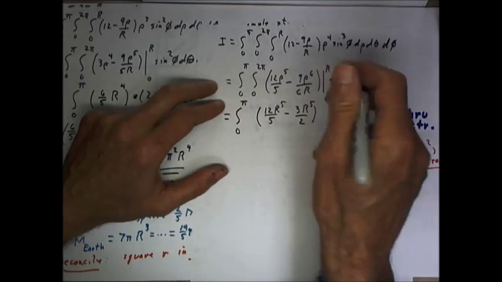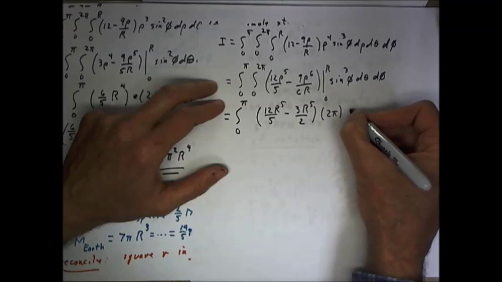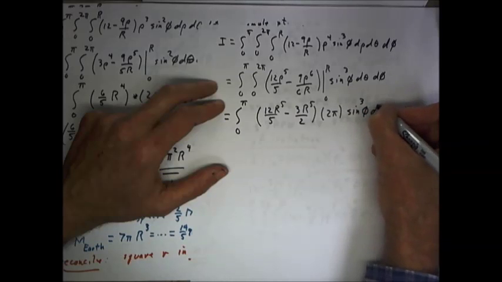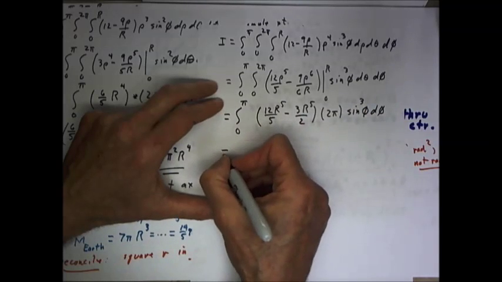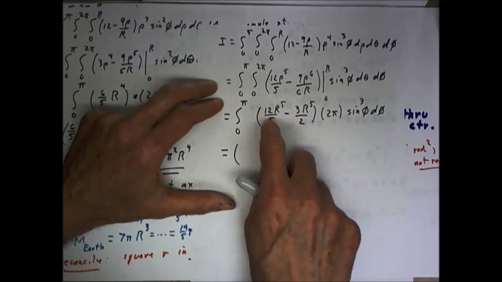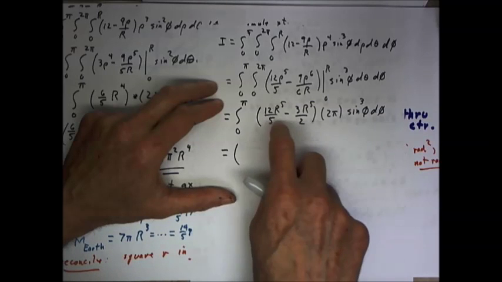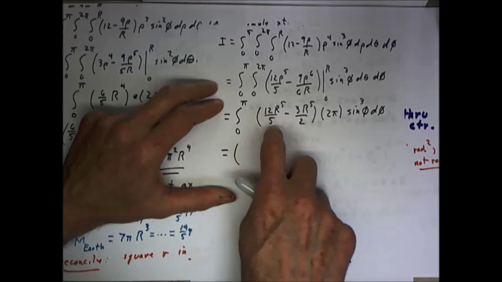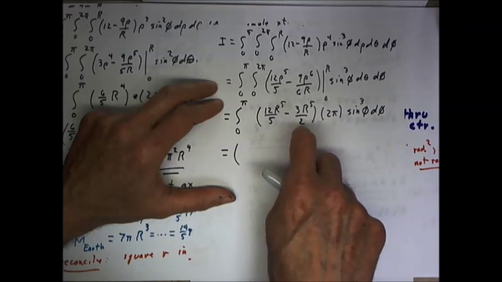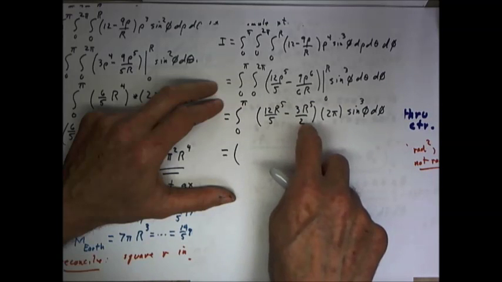Our integral of d theta from 0 to 2 pi is again 2 pi. Then we've got the sine cubed phi d phi. So this all comes out to what? 12 fifths minus 3 halves. Our common denominator is going to be 10.